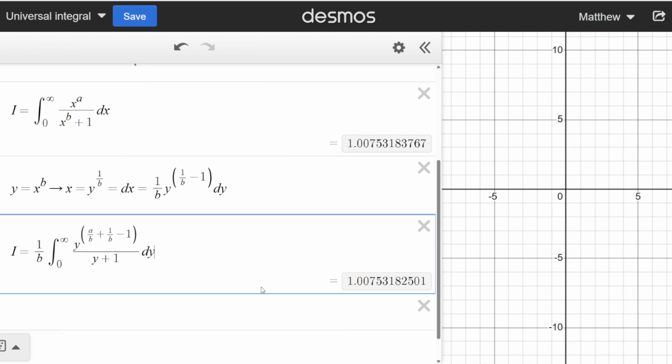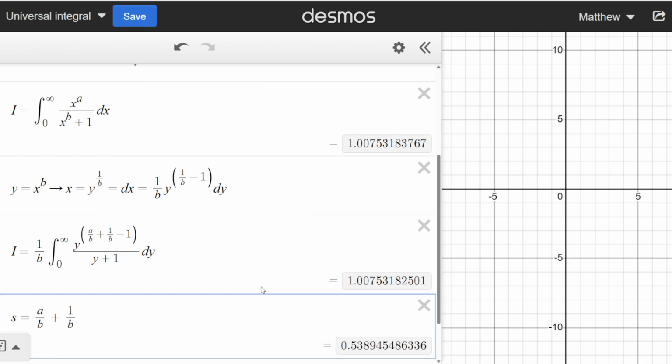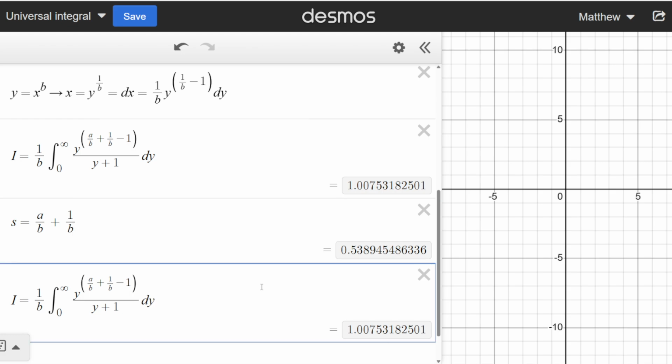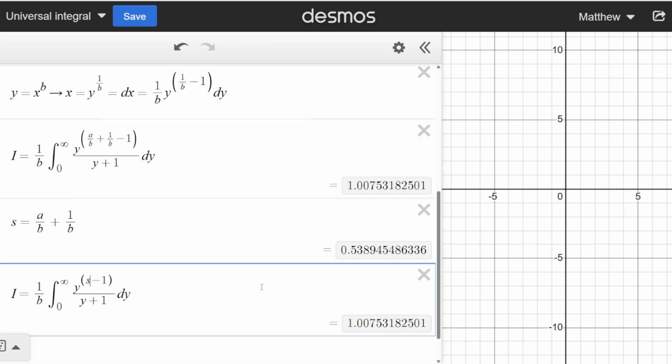All right, so this is messy. So what we're going to do is let some new constant s be equal to this, a over b plus 1 over b. All right, and then let's rewrite our integral using that. So our a over b plus 1 over b, that's just s.